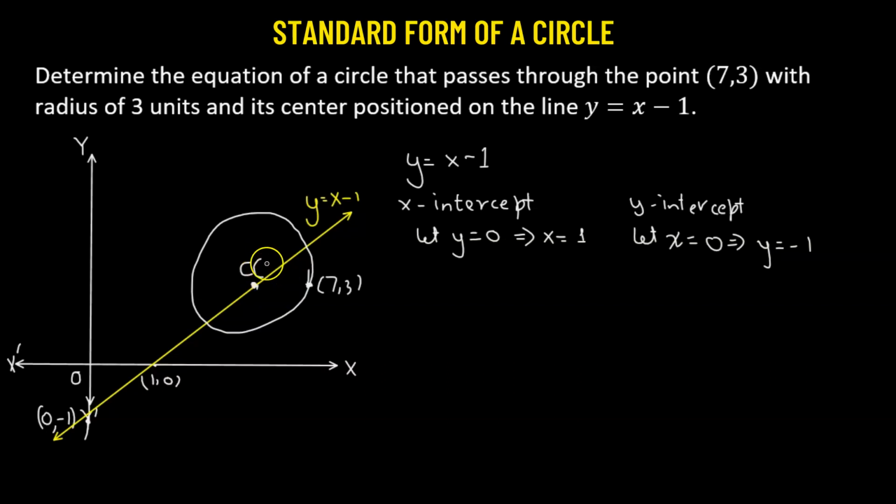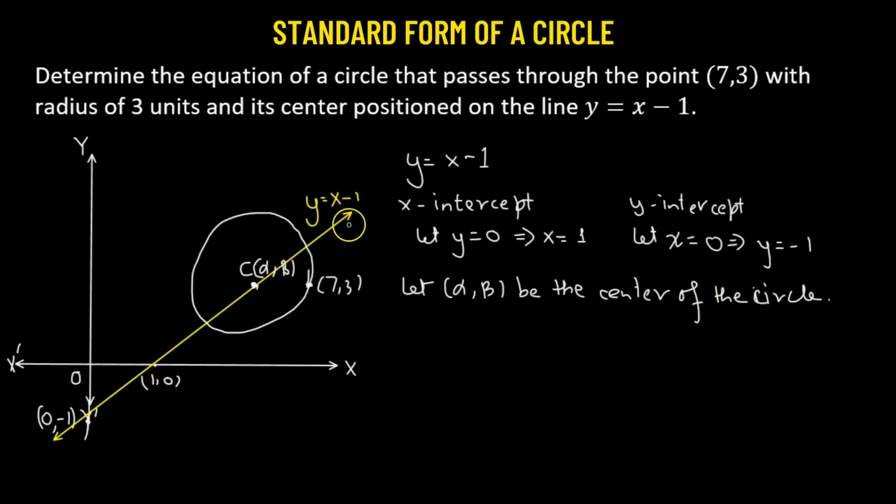So let the center be given by (alpha, beta). Let (alpha, beta) be the center of the circle. Now because the center lies on the line, it must definitely satisfy the equation of the line. So since (alpha, beta), the coordinate of the center, lies on the line y equals x minus 1, it must satisfy the equation beta equals alpha minus 1.